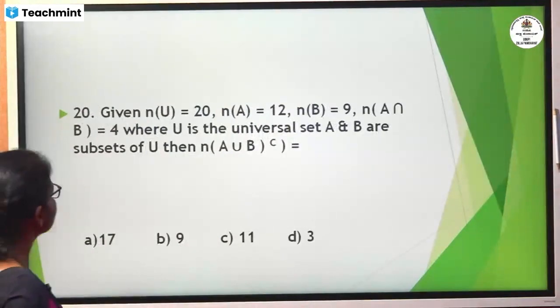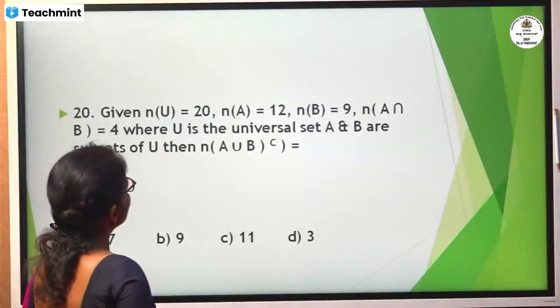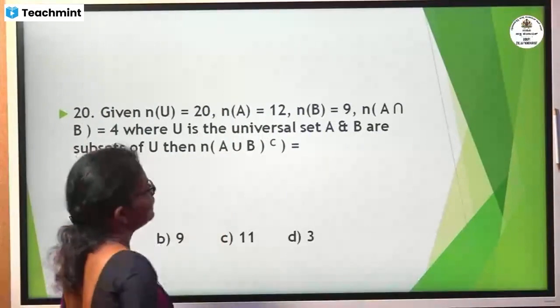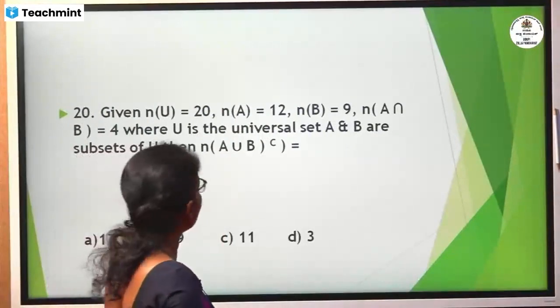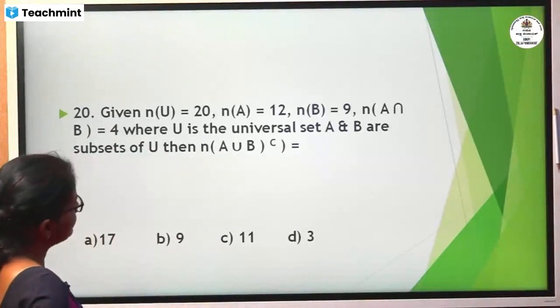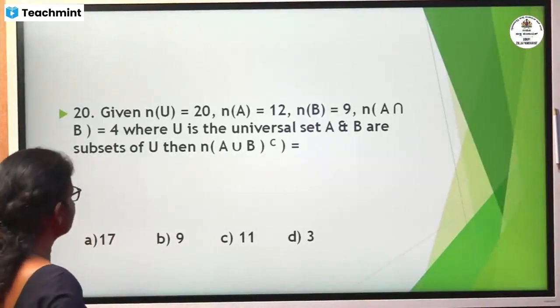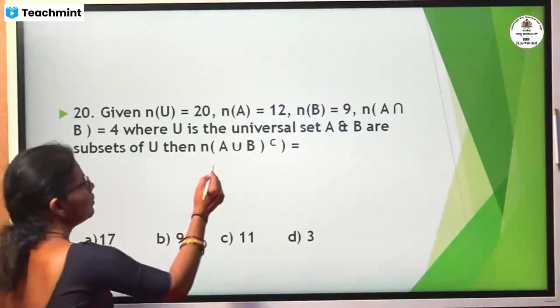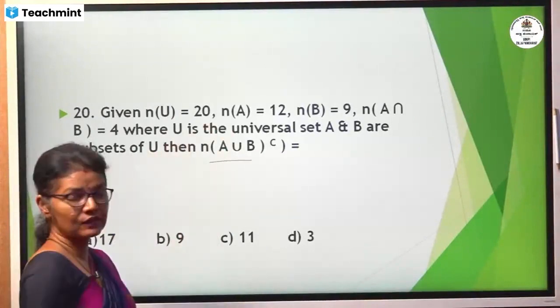Next question. Here n of U is given as 20, n of A is 12, n of B is 9, n of A intersection B is 4, where U is the universal set, and A and B are subsets of U. Then n of (A union B) complement. This is the question.